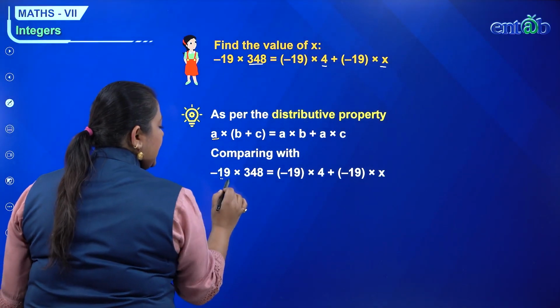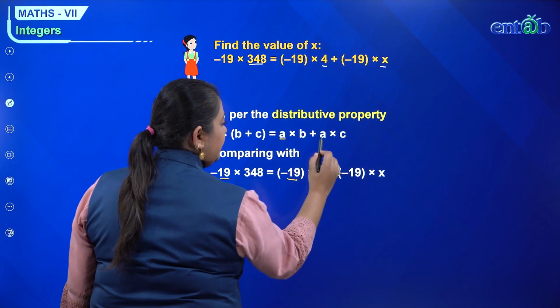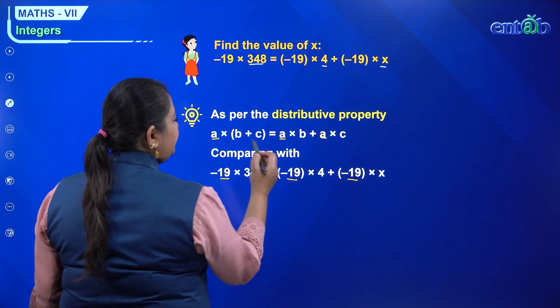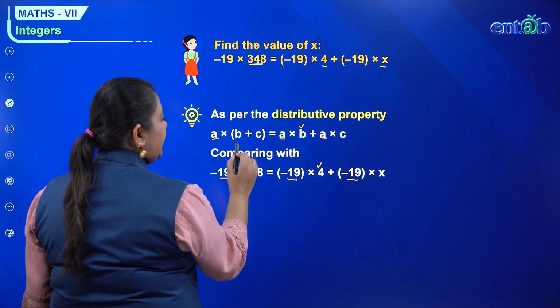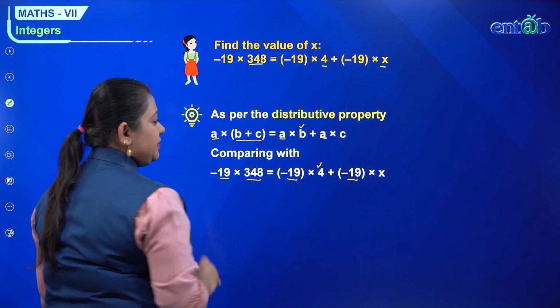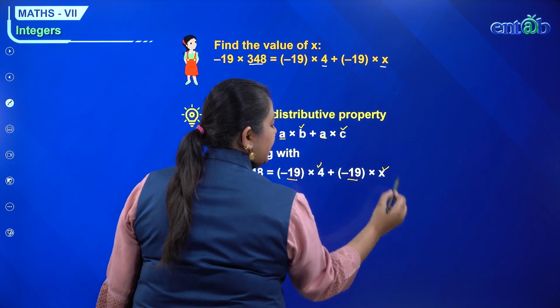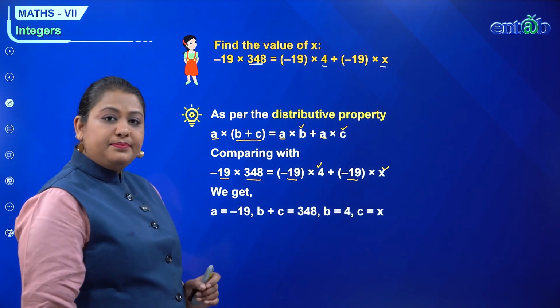We have a as -19. You can see here, this is a, this is a, right? Then what is b? Here b is 4. Here I have b plus c as 348, right? And c is x. So we get these values.